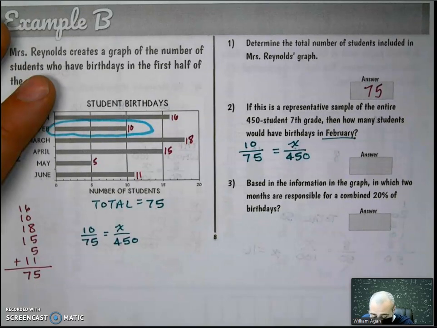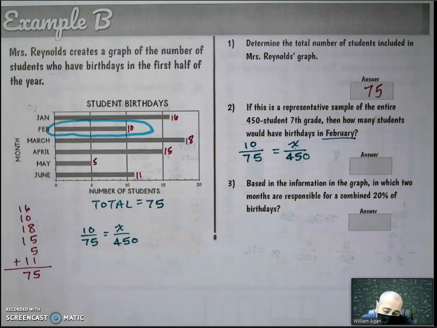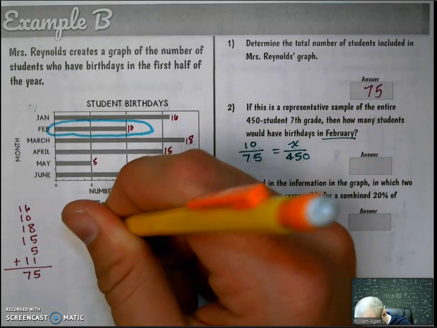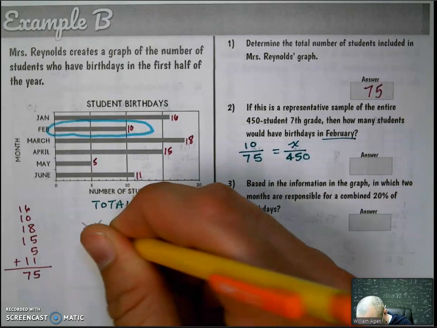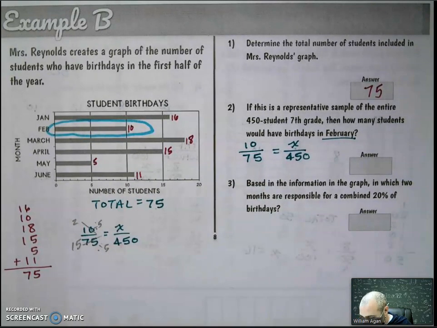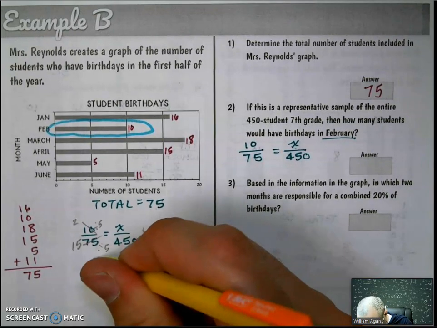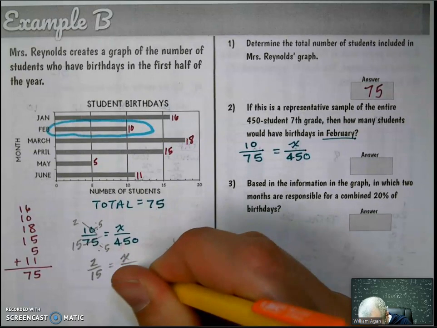On this one, first thing I see is that I can simplify this because they're both divisible by 5. Anytime it ends in a 0 or a 5, that means it's divisible by 5. 10 divided by 5 is 2, and 75 divided by 5 is 15.